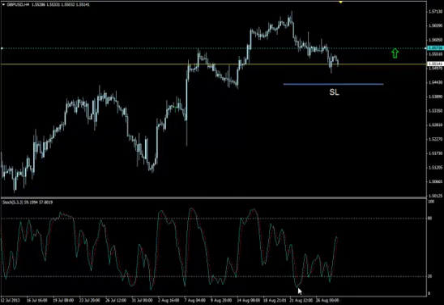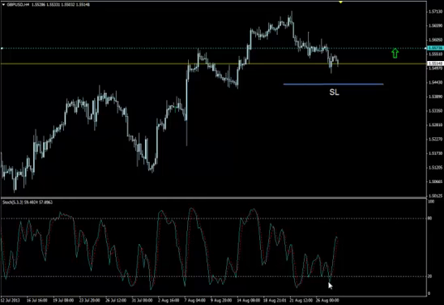The opposite is what we expect when stochastics are below 20, the oversold area: we expect a bullish reversal, buyers jump in, and when it touches the 20 level line, we expect to see an upward move.